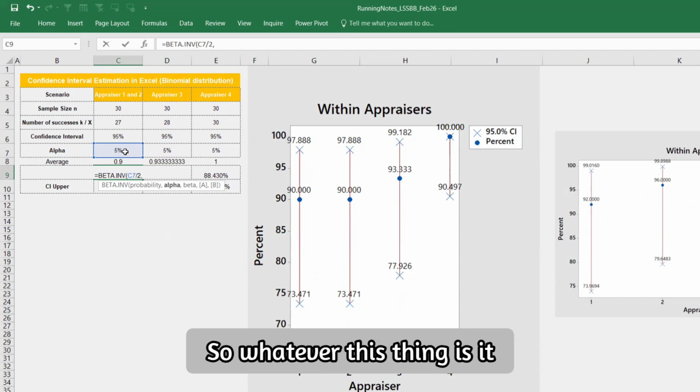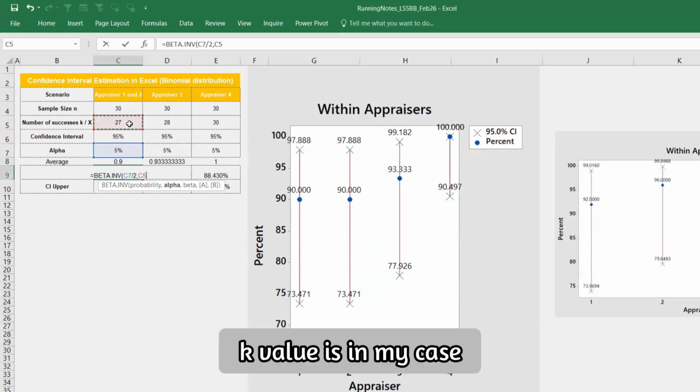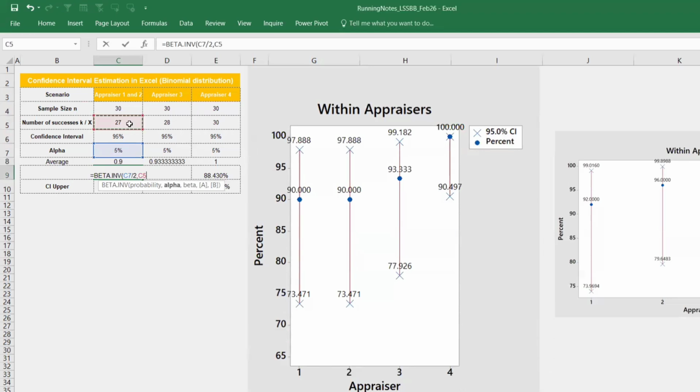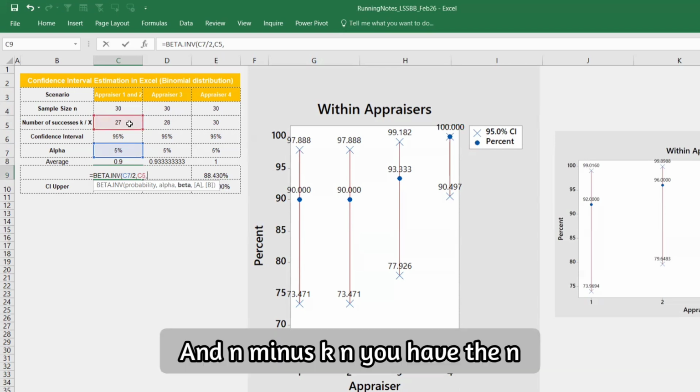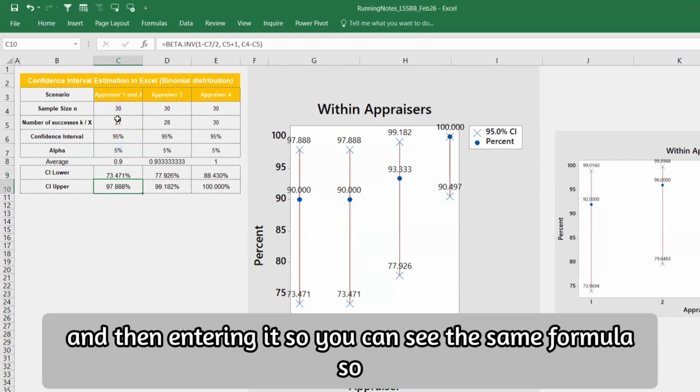Then it asks for the k value, which in my case is the k value, comma, and then n minus k plus 1. This is the formula, and then I'm entering it.